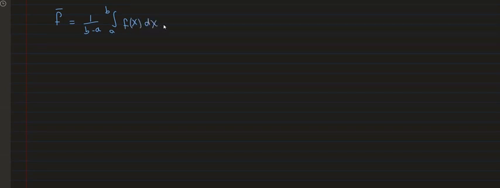What we do in the integration is get the antiderivative, substitute x by b, and then substitute it by a, over b minus a. This gives us the average value for any function continuous over a closed interval.